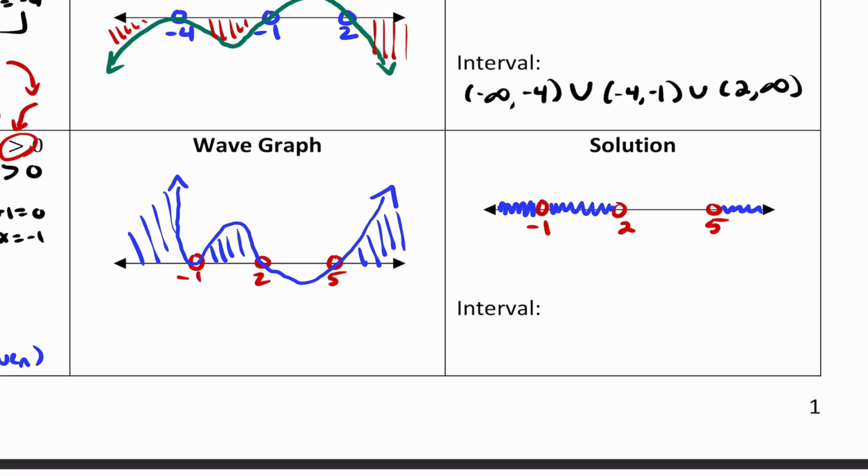So the interval notation for this is -infinity to -1 union -1, comma, 2 union 5 to infinity, right? So all of these things should be regular parentheses.